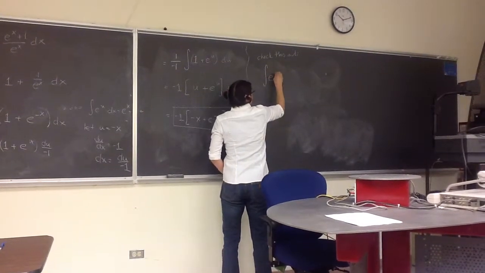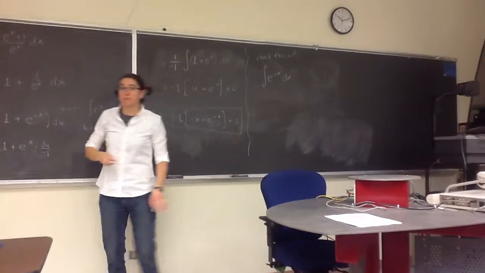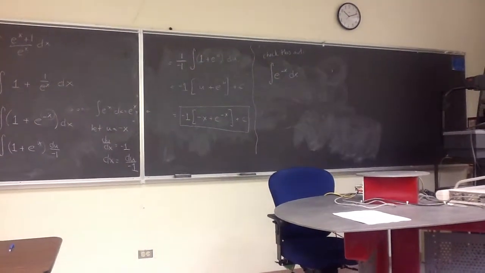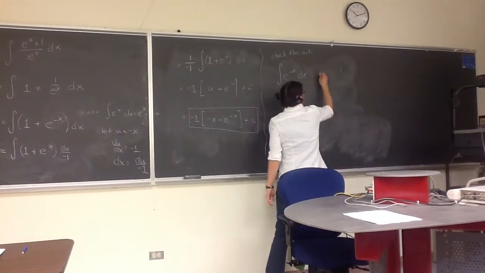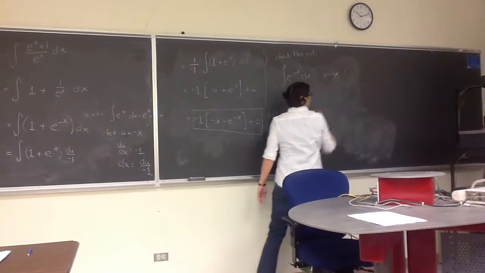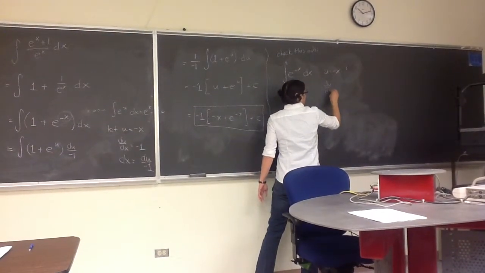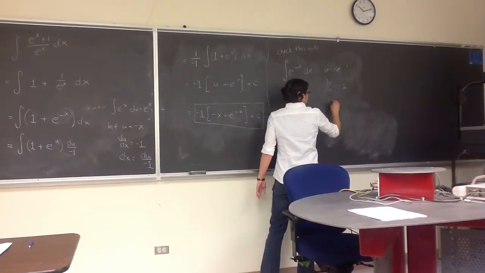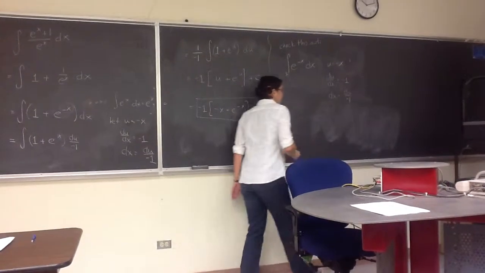If I strictly have the integral of e to the negative x dx, so that's all I have, I don't have the plus 1 part in here, and I do a u substitution, and I let u be equal to negative x, then my derivative, du over dx, is -1. And so dx is du over -1.